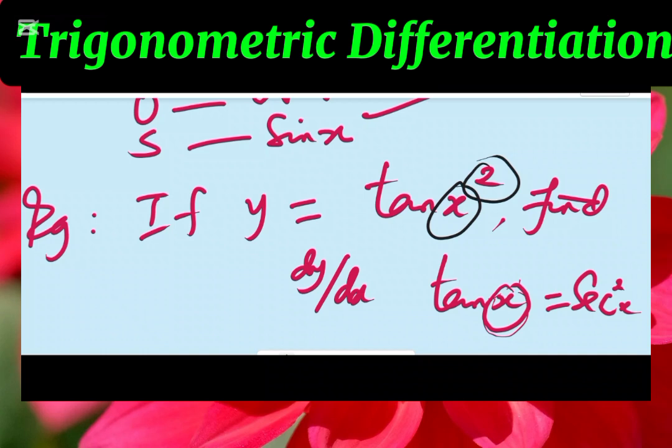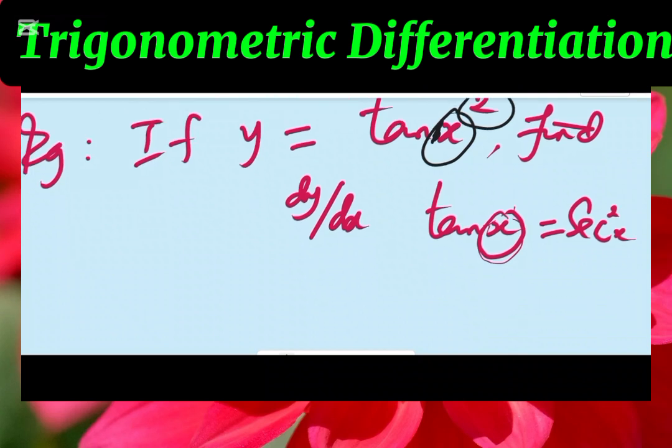The derivative of tan anything can be sec square that thing if the power of the unknown, whether x or theta, is 1, and if the coefficient of the unknown there is also 1. But in this case, the coefficient of x here is 1, but the power is not 1. So it cannot be sec square x square.